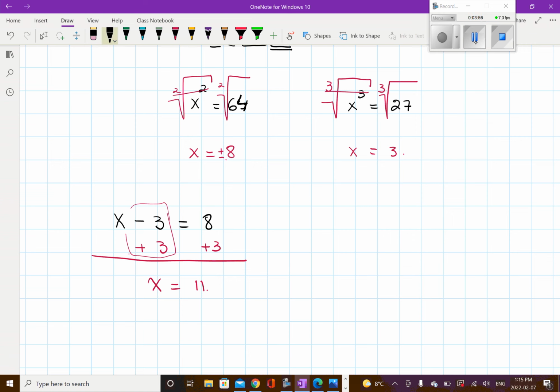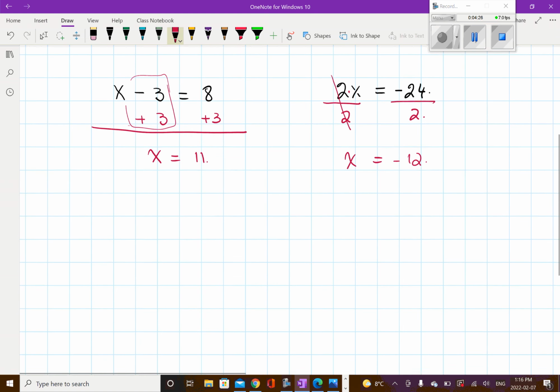Or if we have, let's suppose, 2x is equal to negative 24, since between 2 and x is a multiplying, then to cancel the multiplication, you divide both sides, so you cancel the 2, and then x is equal to negative 12. So this is what we will keep in mind when we are solving.